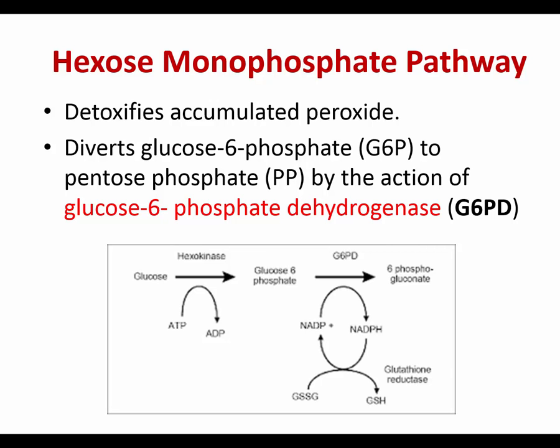Now, if tomorrow somebody on your board exam is giving you a question, asking what is the problem with this patient, and they have a bunch of different results, and you can see one of those results is haptoglobin, and you can see that haptoglobin is way below normal. What is the first thing that's going to come to your mind? Be specific.